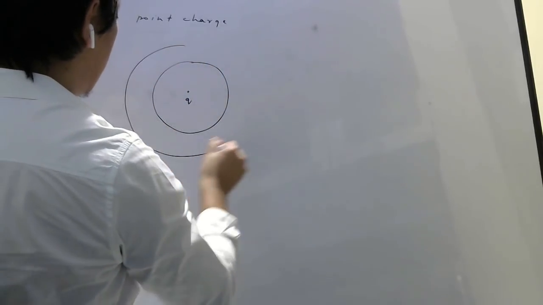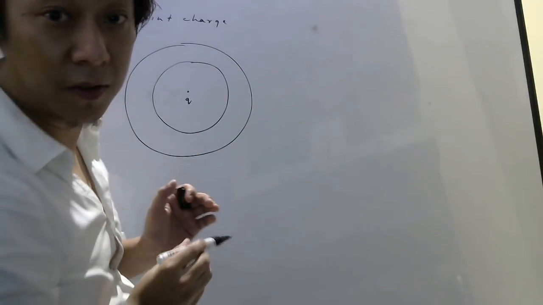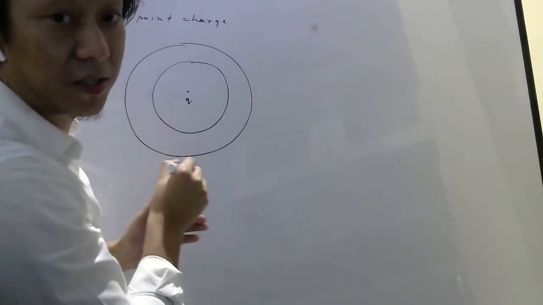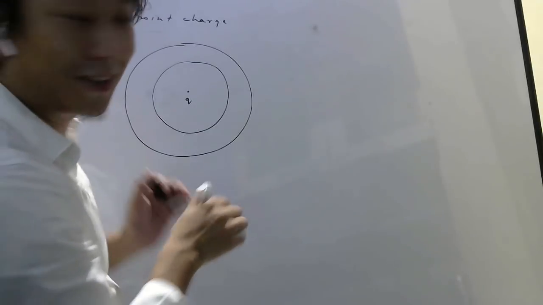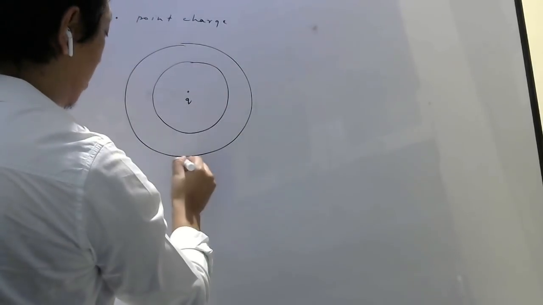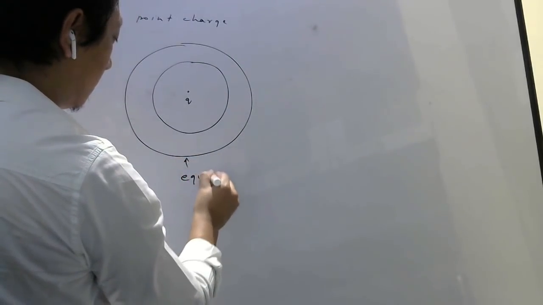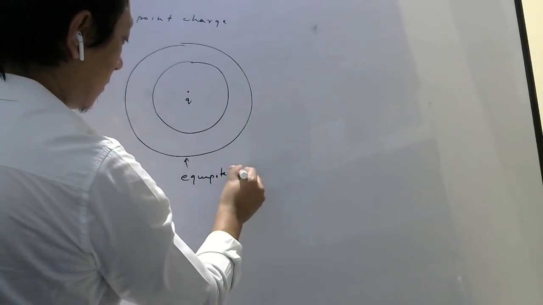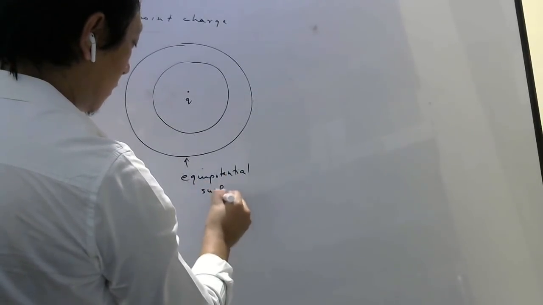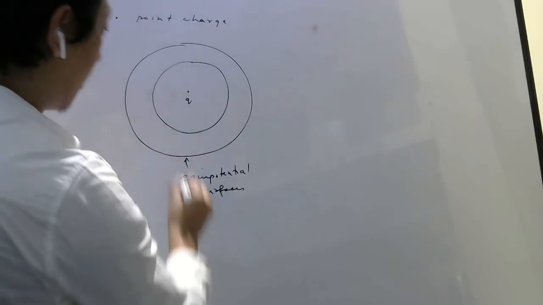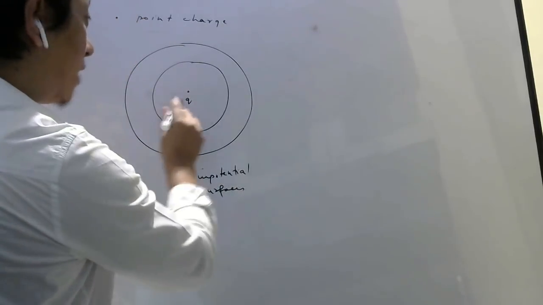So these are your equipotential surfaces. Okay, so the best thing is to draw the spheres first and then draw the charge at the center. It will be spherical. If it is a negative charge, also spherical.